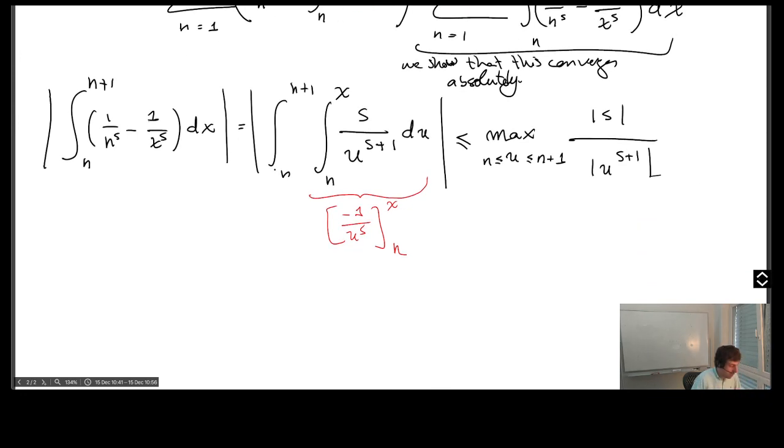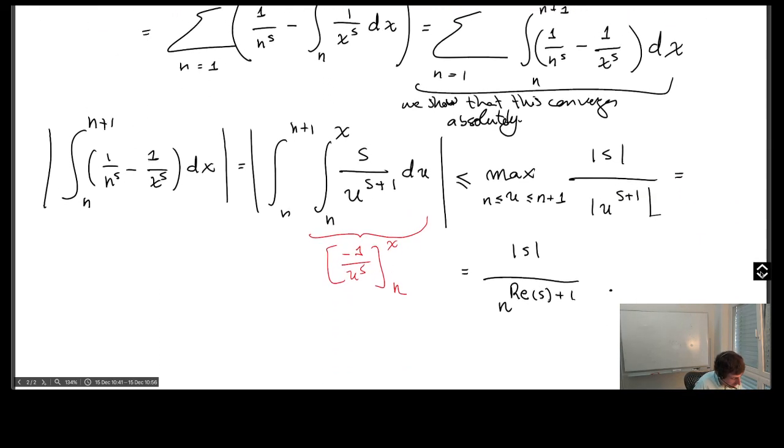Because this integral is over an interval of size 1, the other one of size smaller than 1, certainly this is smaller than this. I want this to be as big as possible, so I want u to be as small as possible, so this is just s, and I replace u by n, so I get n to the real part of s plus 1.